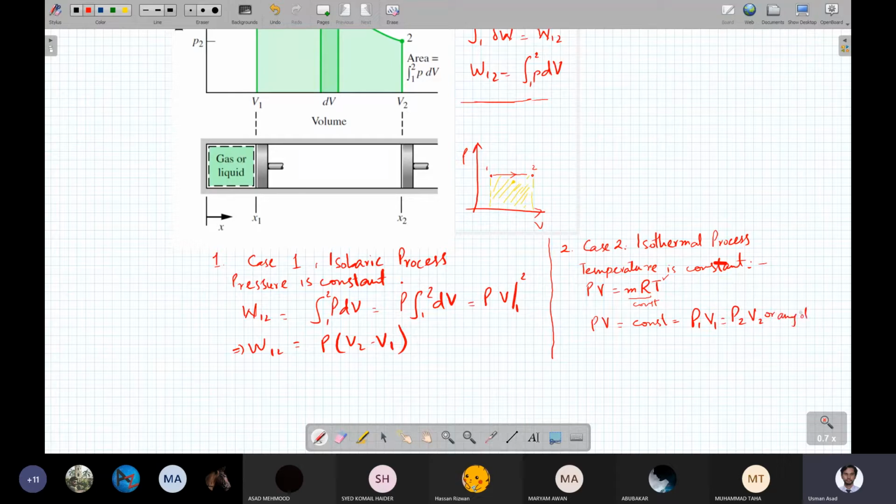Okay? The value of this constant on a PV diagram, which would look similar to the one shown there, is going to be equal to the product of pressure and volume at any point along this line.